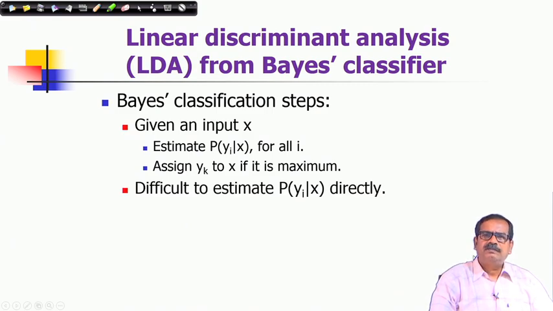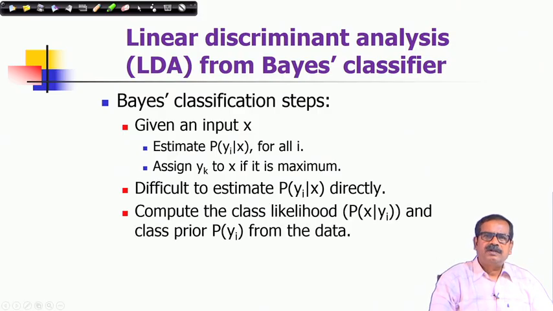As we have already discussed, it is difficult to estimate this posterior directly, so what should we do? We should compute the class likelihood and class prior from the data. The probability of x given yi is the class likelihood for the ith class, and the class prior is the probability of that ith class itself.